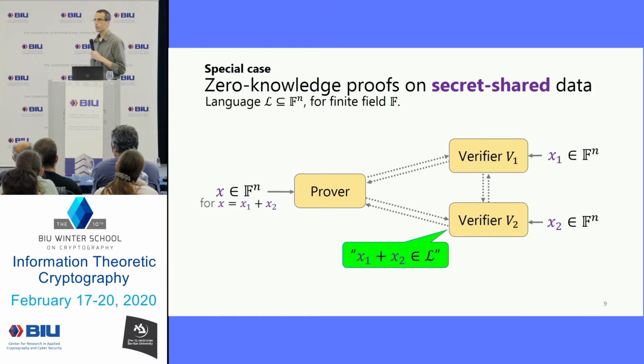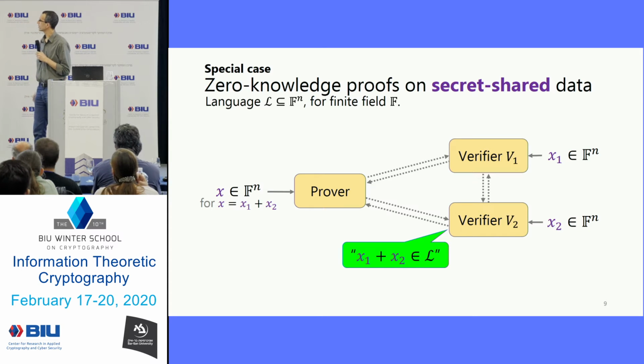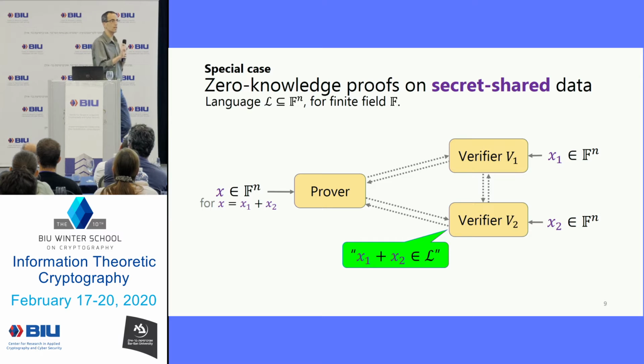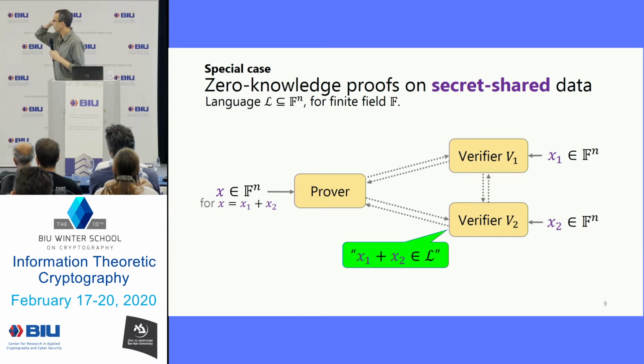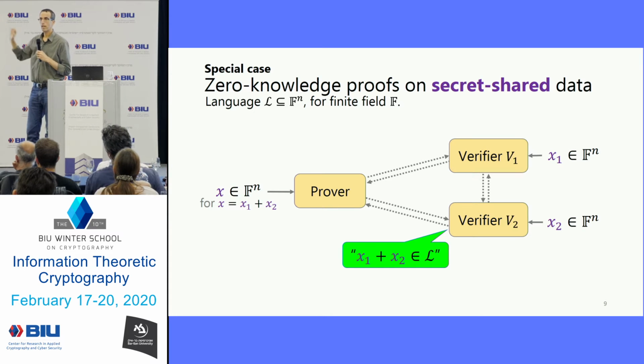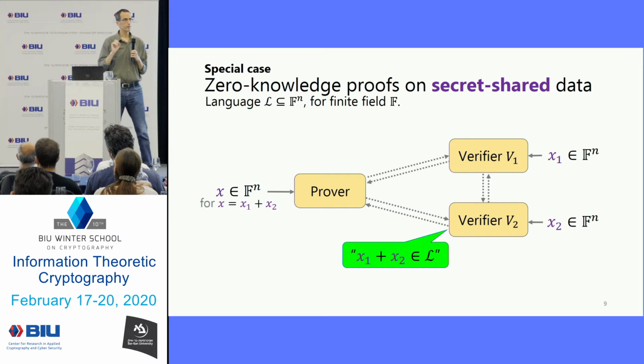Okay, now one special case which is going to be important for us is zero knowledge proofs on secret shared data. So the data is not just distributed, it's secret shared. So now we have two shares. So the prover has some x, and we're going to view the x as a vector over a field.